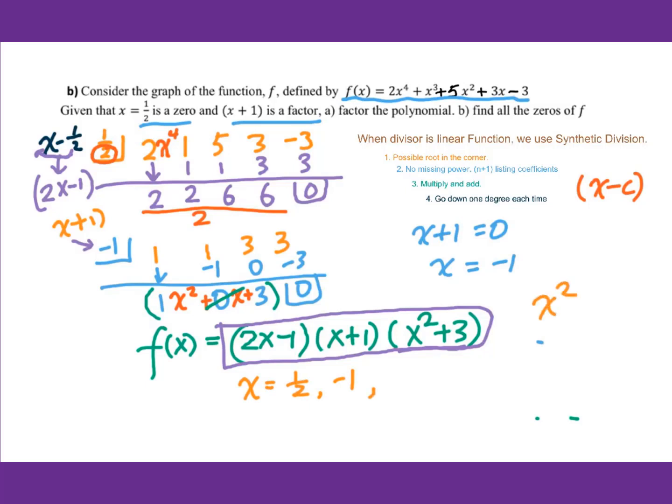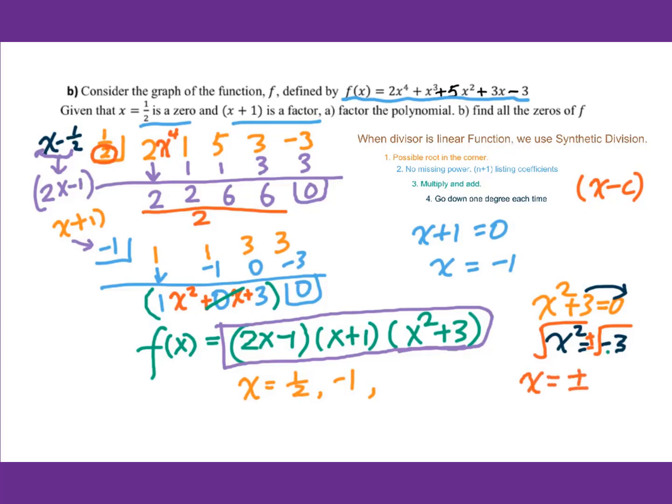For x squared plus 3, we set it equal to 0. Since this is a power pattern equation, isolate x squared equals -3. Then we take the square root of both sides. Remember, plus or minus. So we got x equals plus or minus.